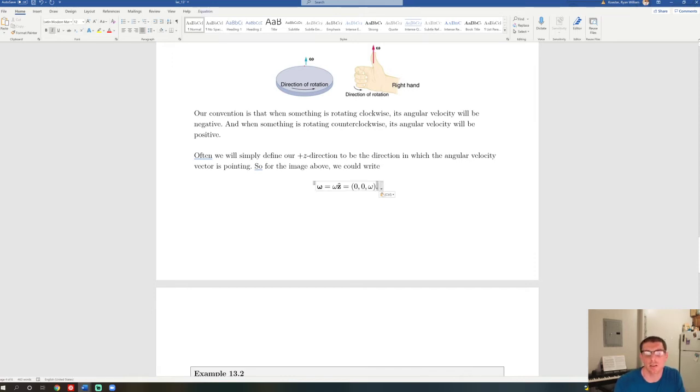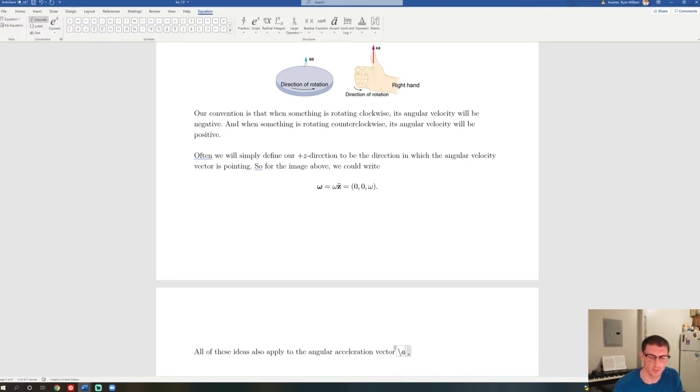And here I'm writing it as an ordered triple with the x and y components being 0 and fully aligned in the z direction, right? And all of these ideas also apply to the angular acceleration vector alpha.